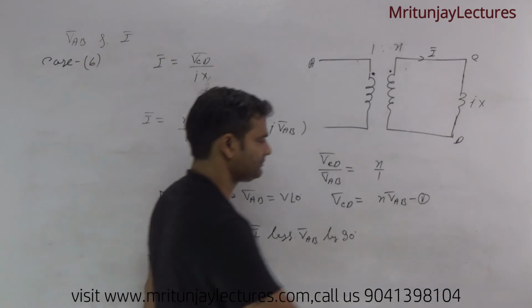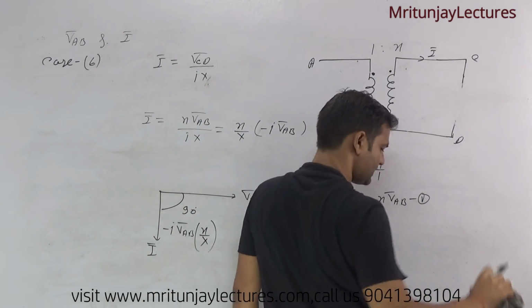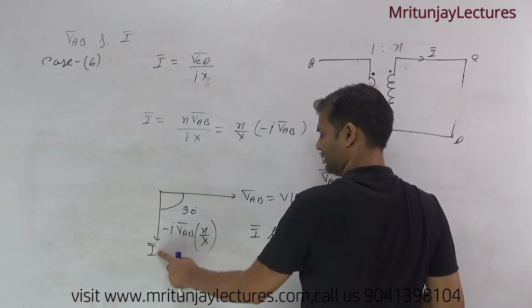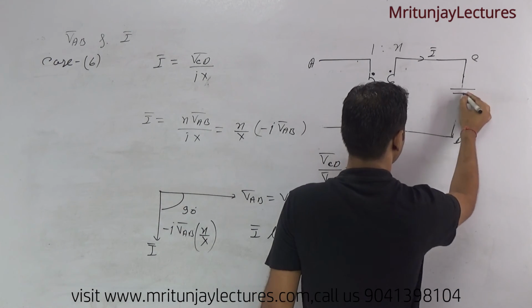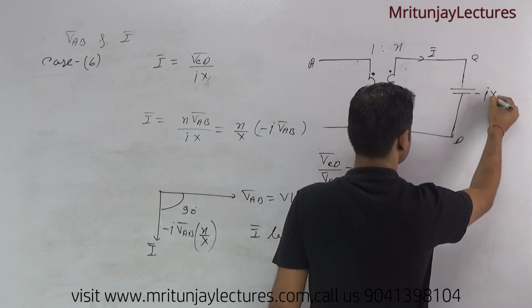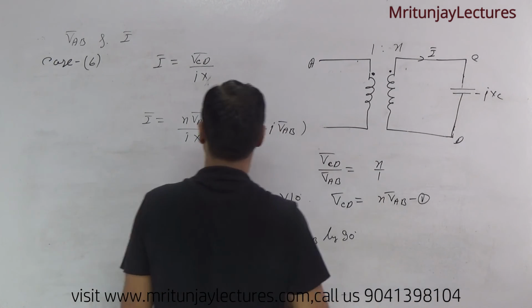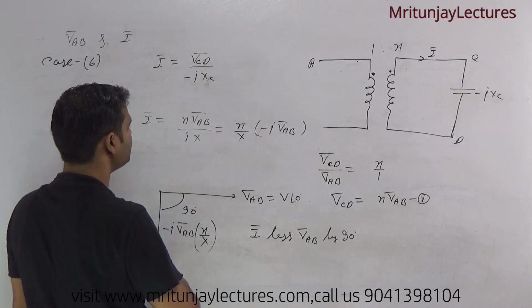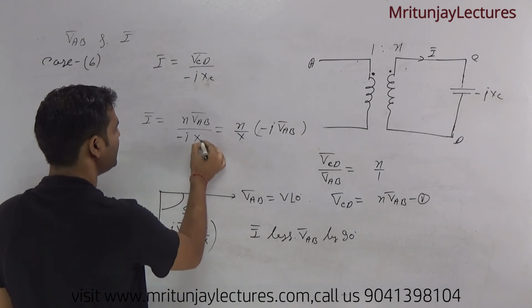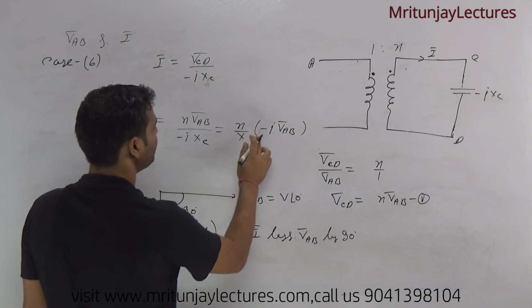Now case 6. If you consider this one is a capacitor, that is minus jXC, in this case minus XC, and finally this one.